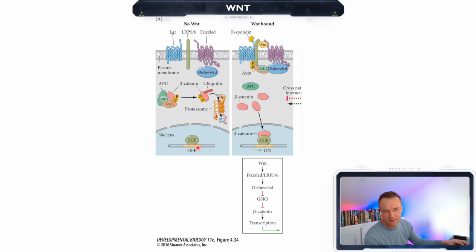Regardless, transcription's not happening, so I don't know if it really matters. But when WNT is bound, we free up beta-catenin by preventing its breakdown, thus starting transcription of whatever genes need to be expressed in that tissue, right? So myelin for muscles or something like that.